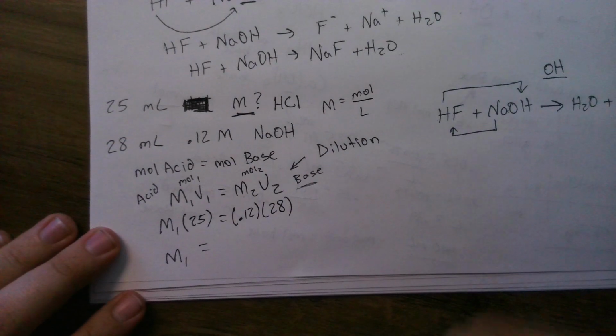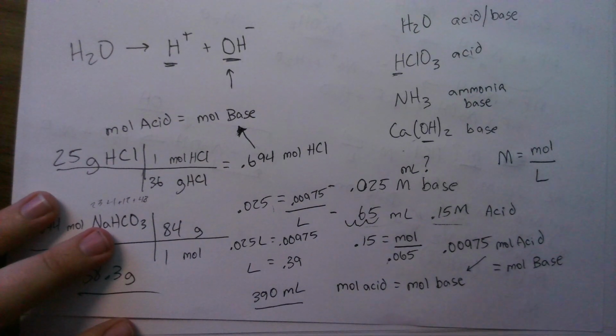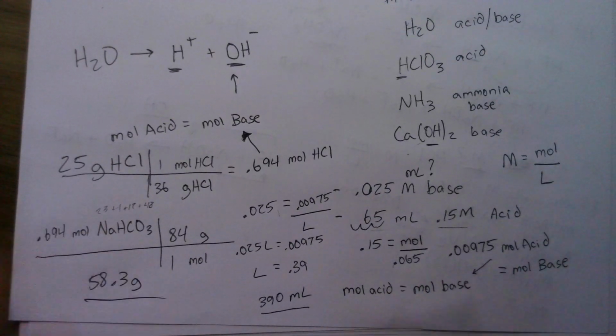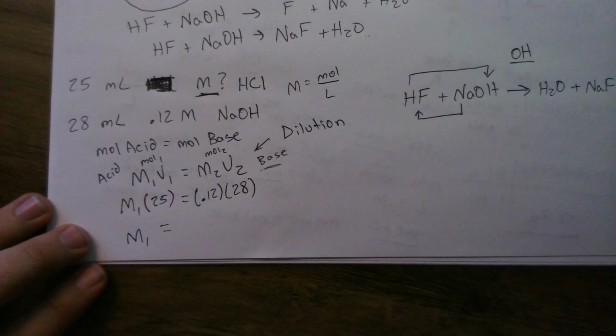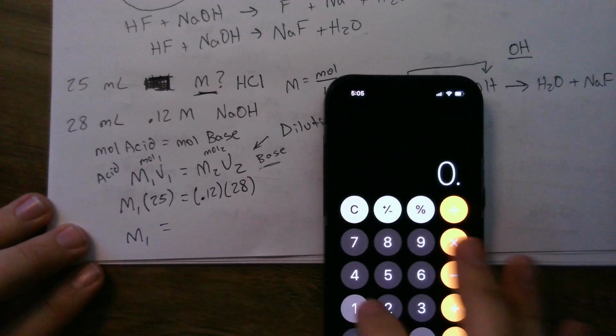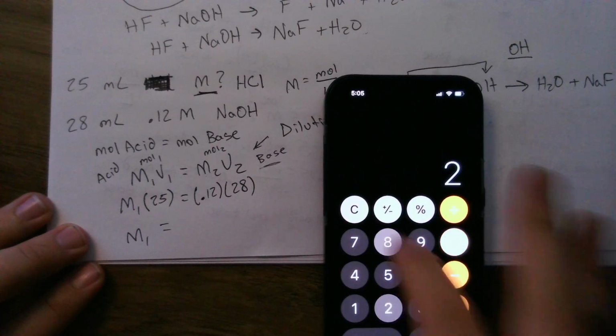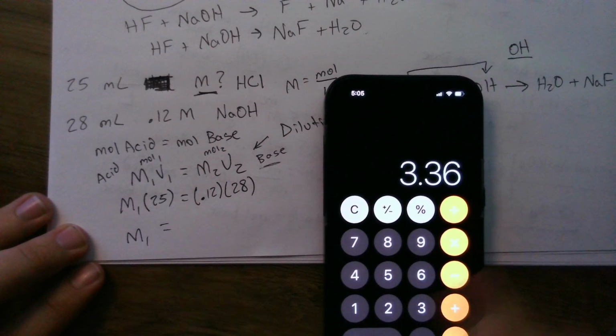Anytime you're looking at a neutralization or a titration like this, you could have done the exact same method back here. We're basically doing the same thing, except we're doing it all at once. Okay, so I'm going to solve this in one go. 0.12 times 28, simplify that side, divide it by 25.